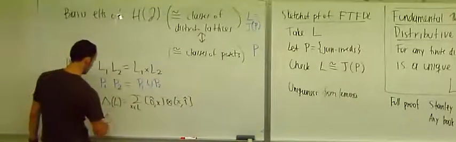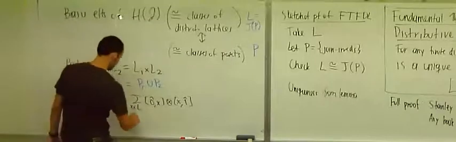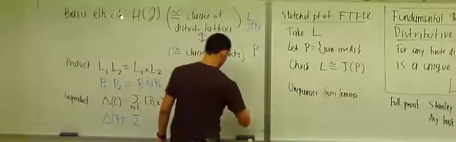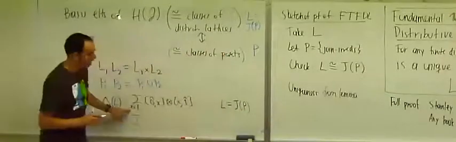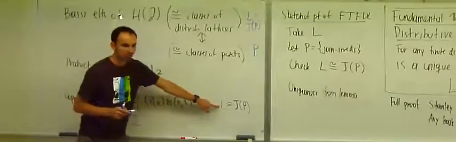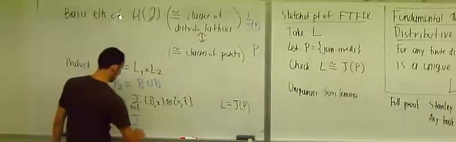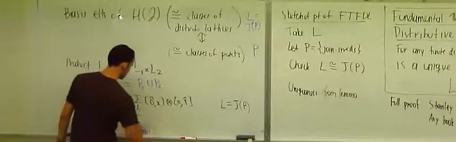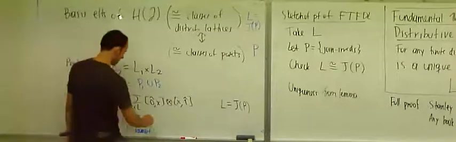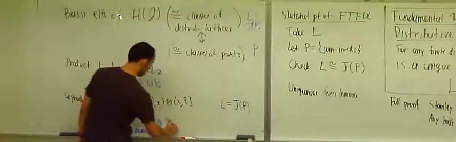So if L corresponds to the poset P, so here you're thinking that L is J of P. What are the elements of L? The elements of L are downsets of P. So I'm summing over D, a downset of P. Okay? And I claim that what you get here is D tensor P minus D.